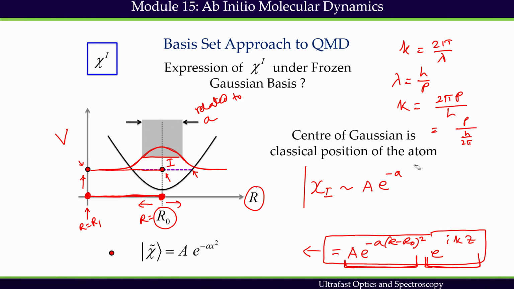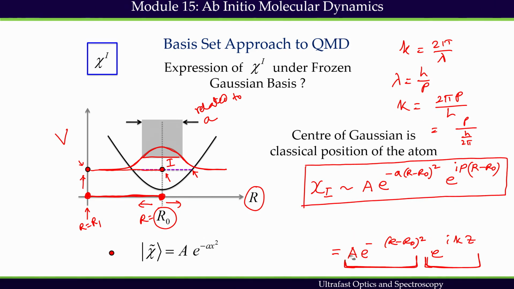It is going to be e to the power minus a (r minus r naught) squared, representing the Gaussian, and the traveling wave component is going to be e to the power i p times z, where z we will consider as r minus r naught, the distance. So the final expression for a traveling Gaussian for a particular nucleus is this.